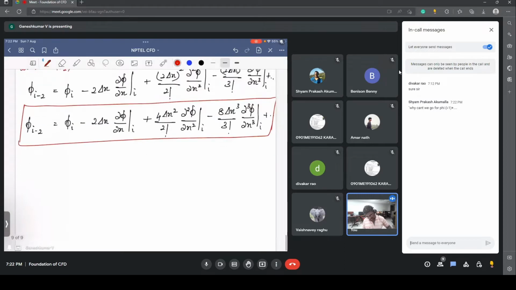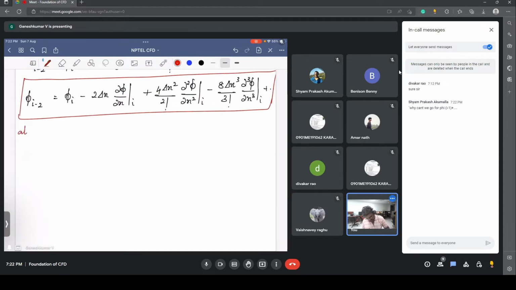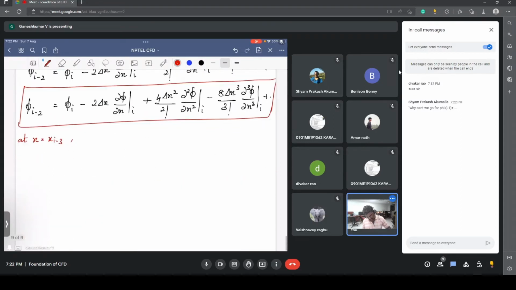Let's write the same thing for x equal to xi minus 3. One second, Divakar, sorry for that. There is a question: why can't we go for phi I minus 1 plus dot dot dot? Can you tell me what is your question?